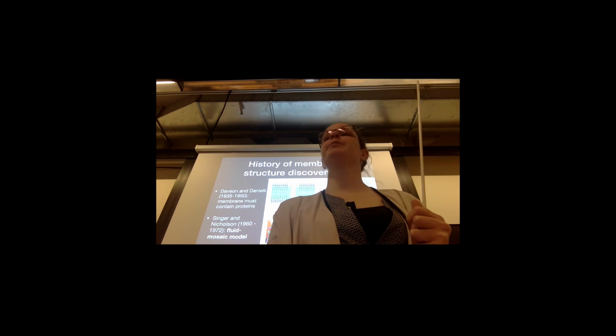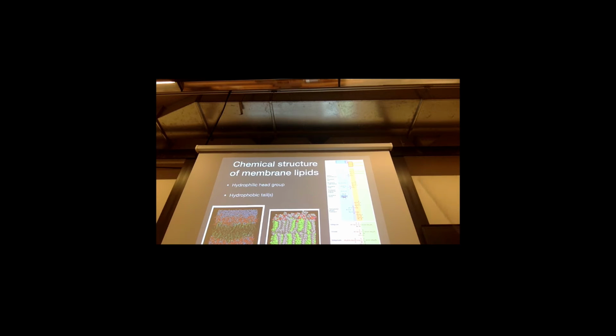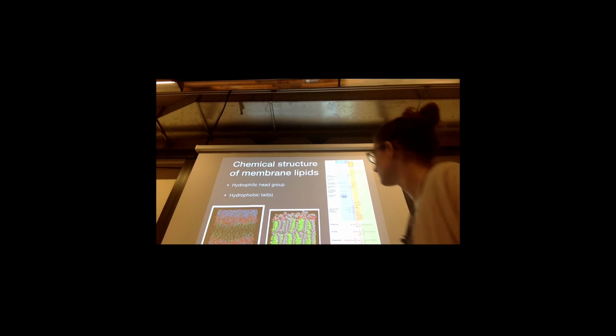Are we good? OK. I know you are not chemists, so I'm not going to rub this in. But I will say a few things about the chemical structure of membrane lipids, just to give you an idea of the variability. This picture that I already showed you holds all the time. But all the cells are different, meaning a heart cell is different from a plant cell is different from a bacterium.